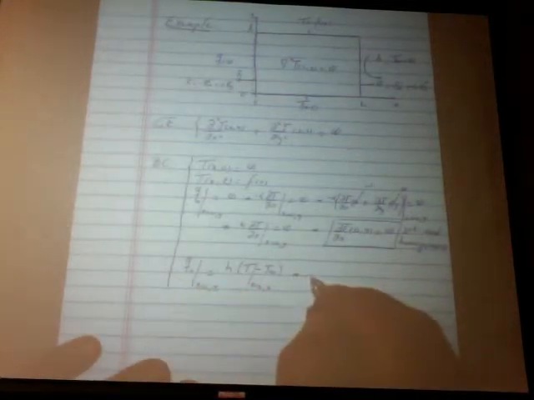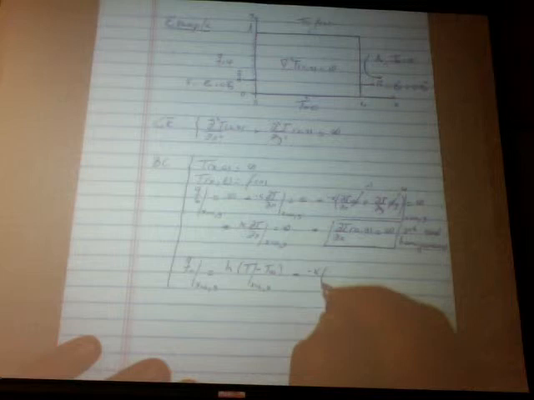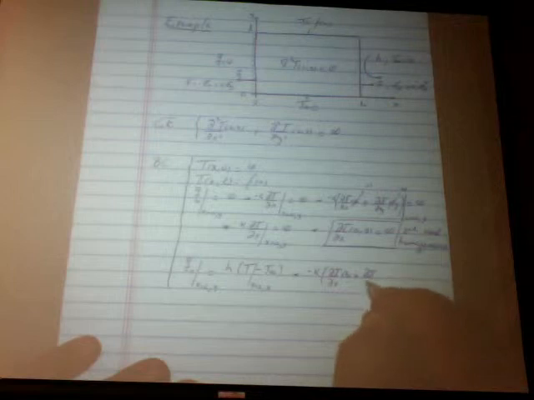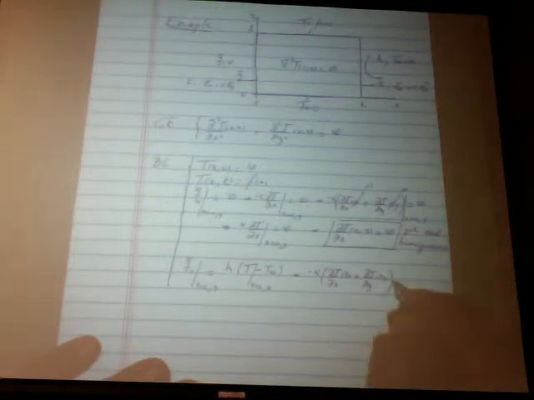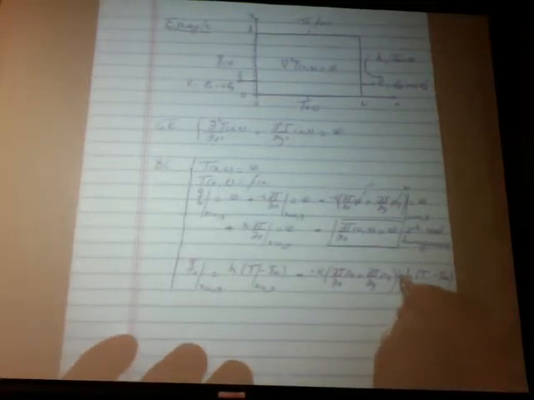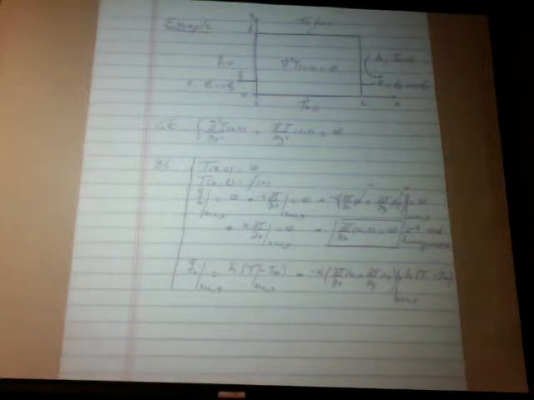Alright, so there we go again. Qn is minus k times dT dx n x plus dT dy n y, and that's equal to h times T minus T infinity. And all of these at x equal L, y on both sides.